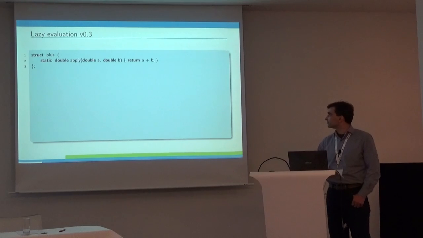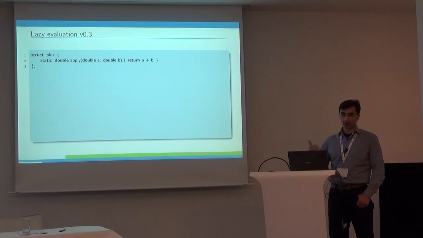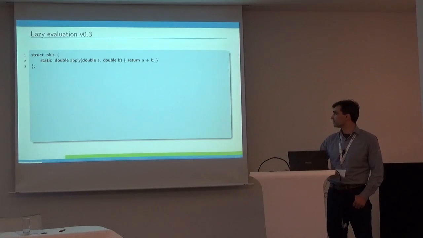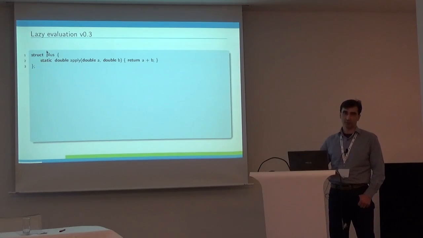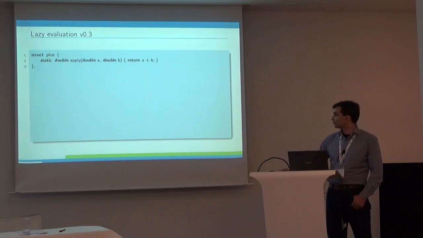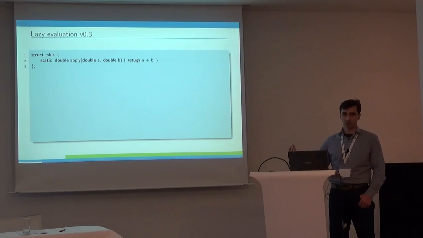So let's add another layer of generality. We provide this struct plus and minus and divides and any other operations we would like to do. And it just has a static method which takes two arguments and returns whatever operation should be made on the arguments, okay?